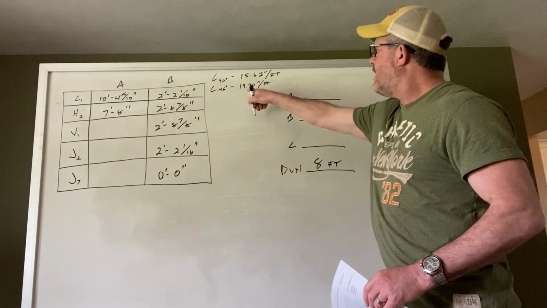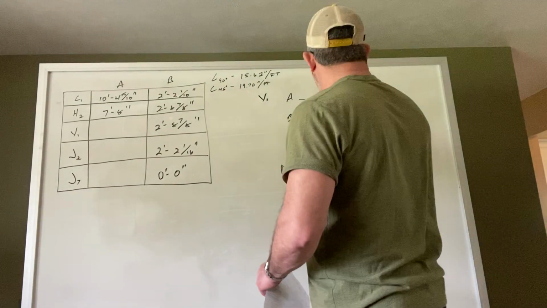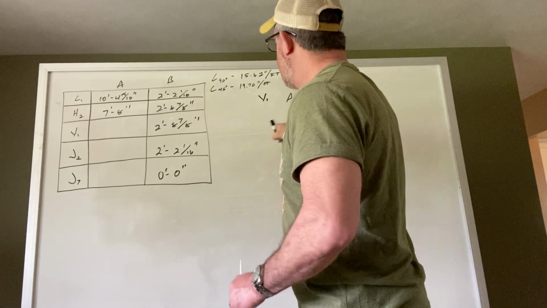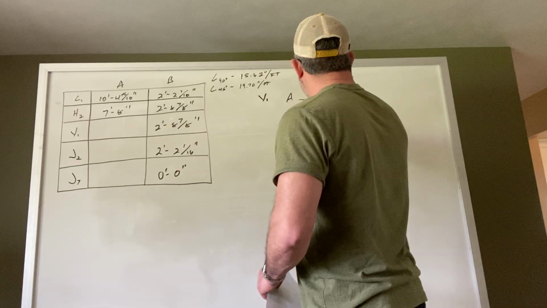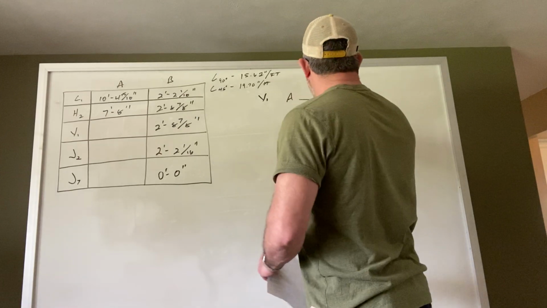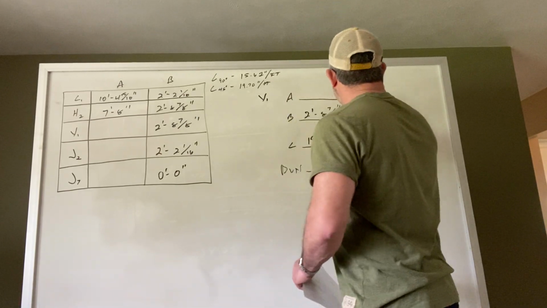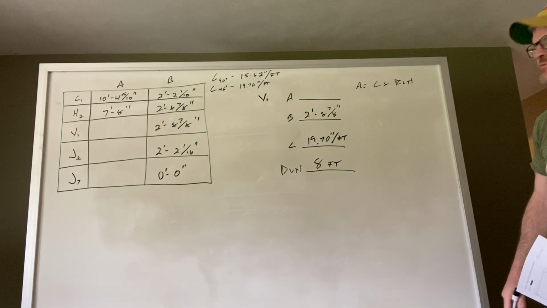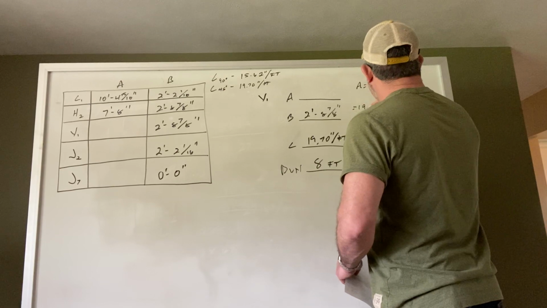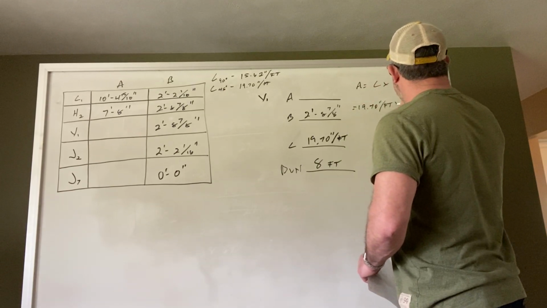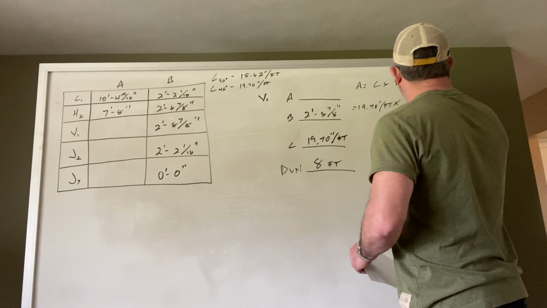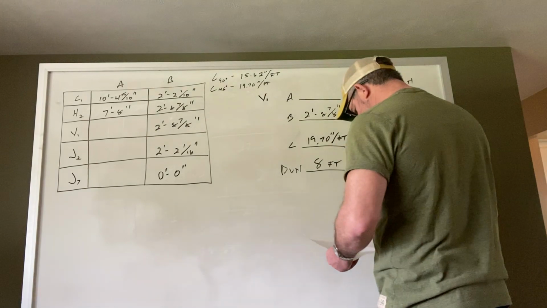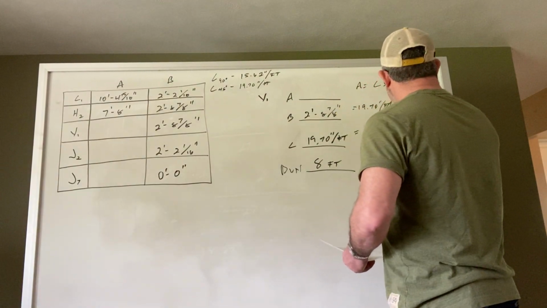I know my C, I'm hitting the top plate at 45 degrees, 19.70 inches per foot. I know the B, I'm hitting my top plate at 45 degrees, so 2 foot 8 and 7/8. So again, now all I have to solve for is my A. A equals C times run. Okay, so 19.70 inches per foot times my 8 feet. Okay, so I walk that through, and I get 157.6 inches.